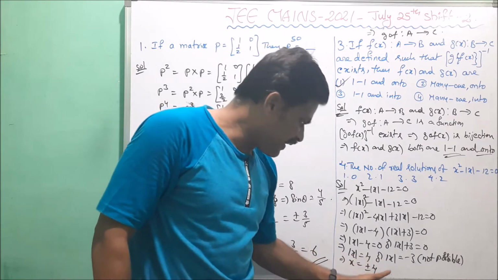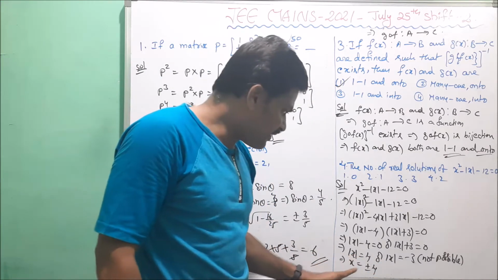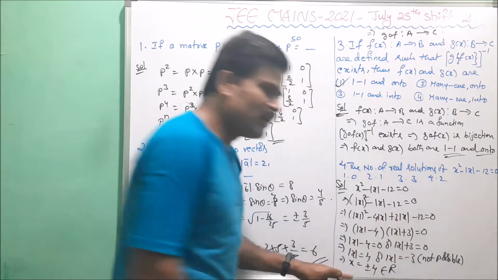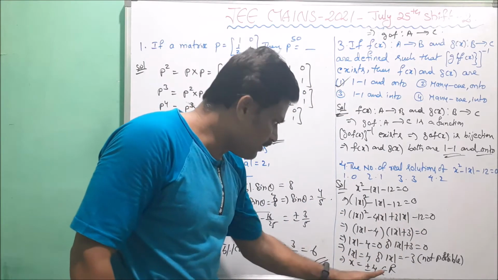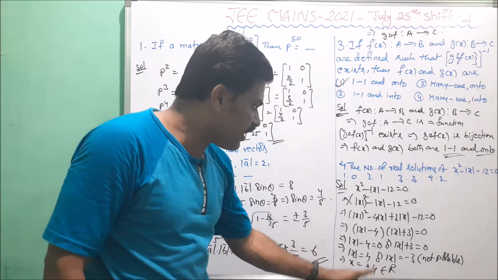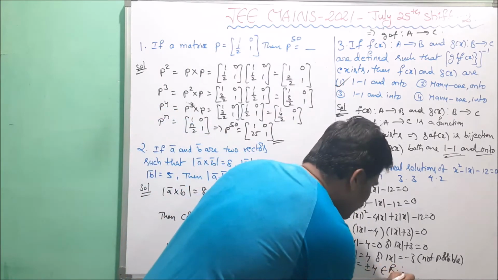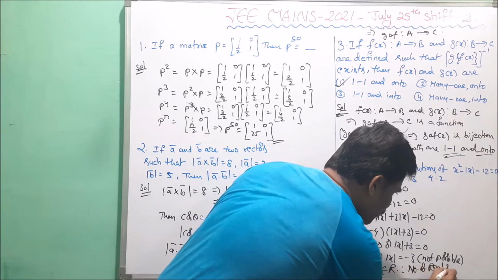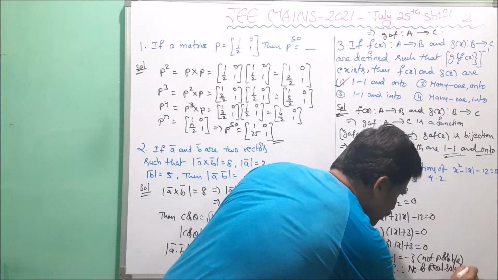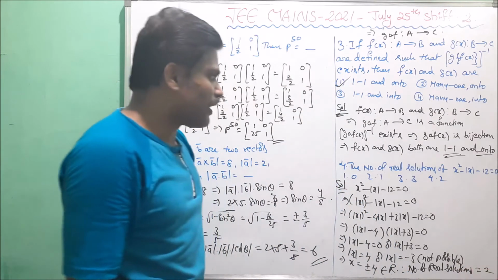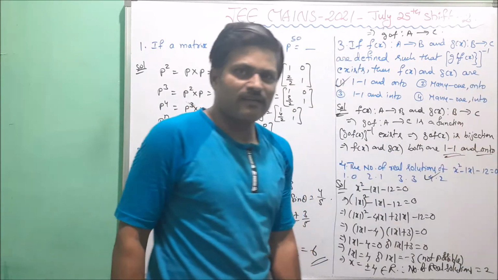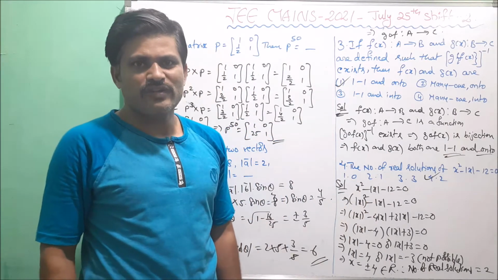Now x = +4 is one solution and x = −4 is one solution, and these are real numbers. So the number of real solutions is 2. Now in our options, option 4 is the correct answer. So this is the solution.